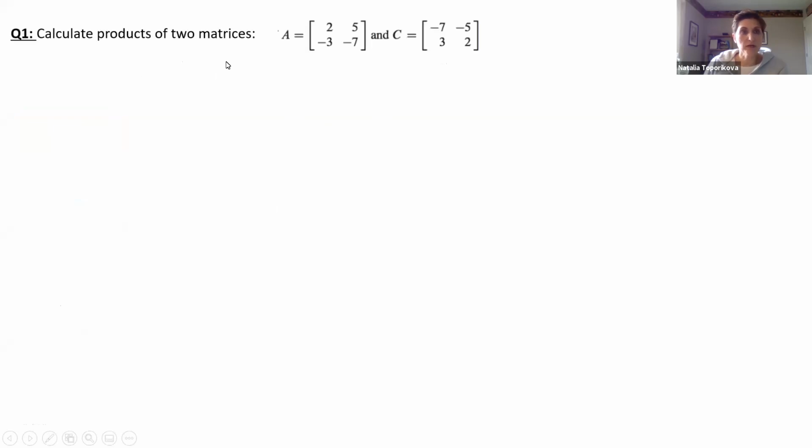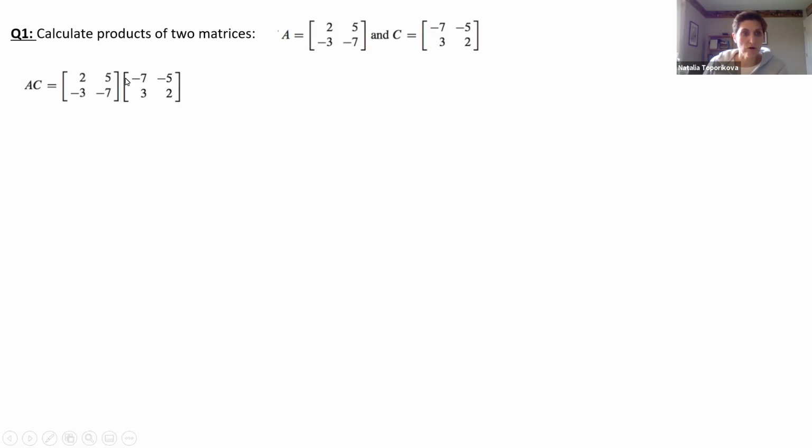For example, let's take two matrices, A and C, and calculate their product, A times C. So this is our matrix A, that's our matrix C, and you should already be comfortable multiplying two-dimensional matrices.